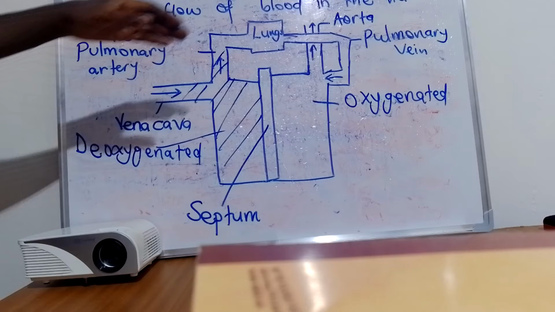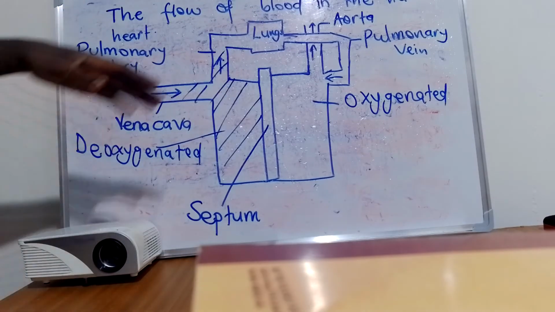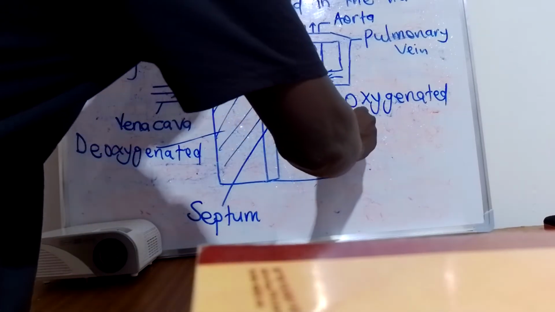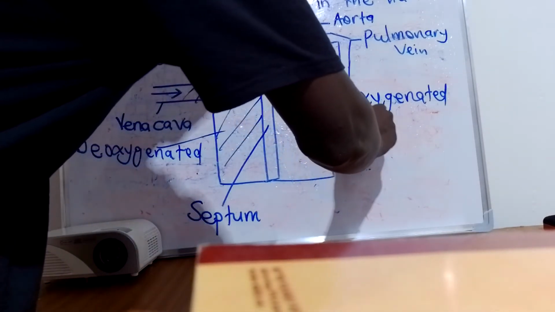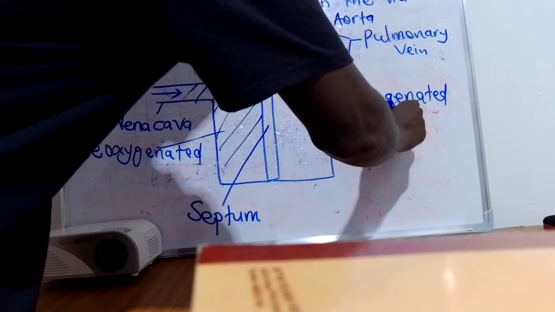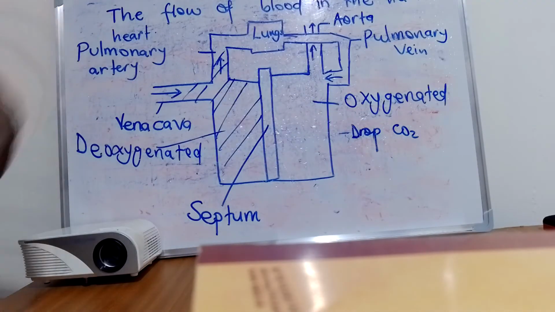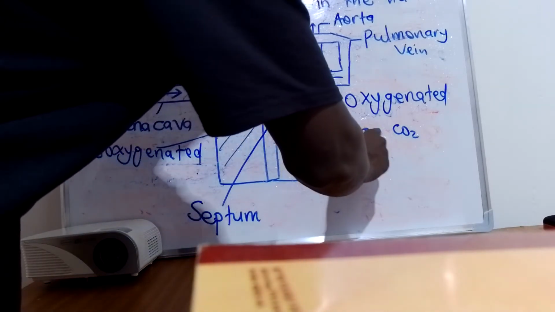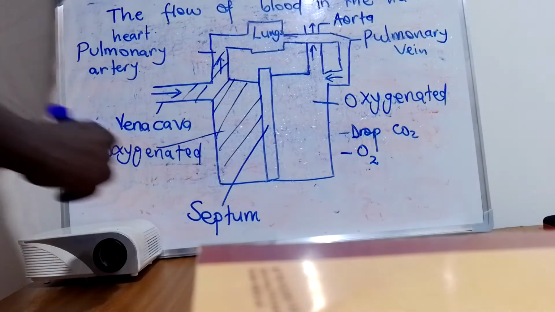Why does blood go to lungs? Blood goes to lungs to drop carbon dioxide. Blood goes to lungs to pick oxygen.